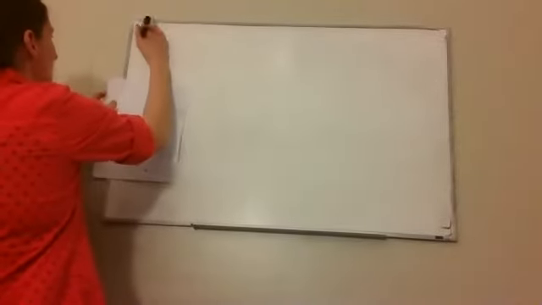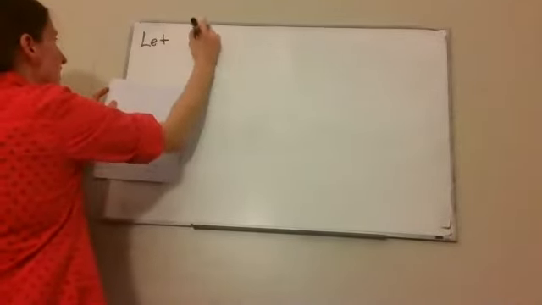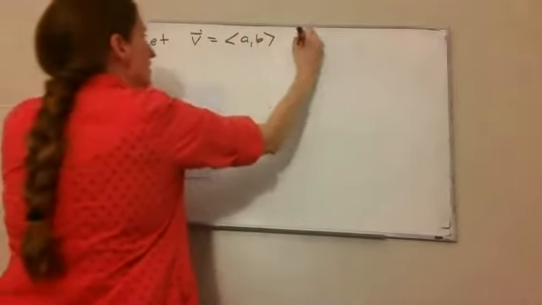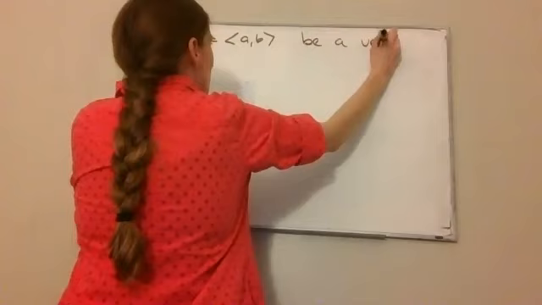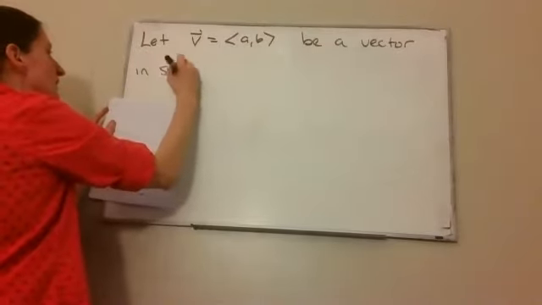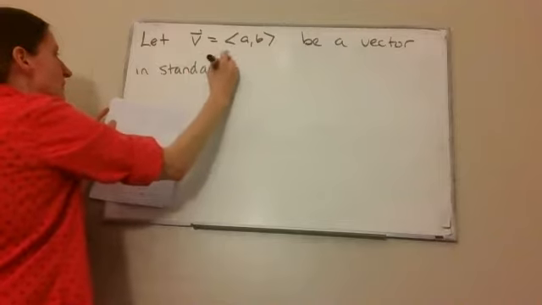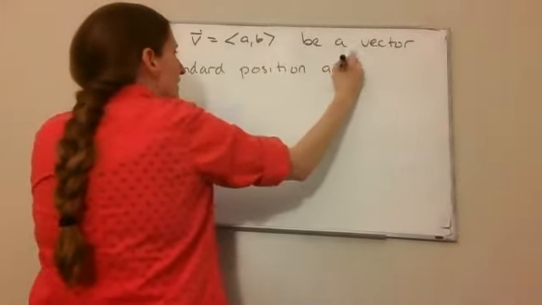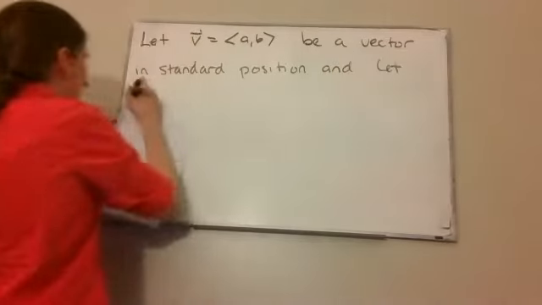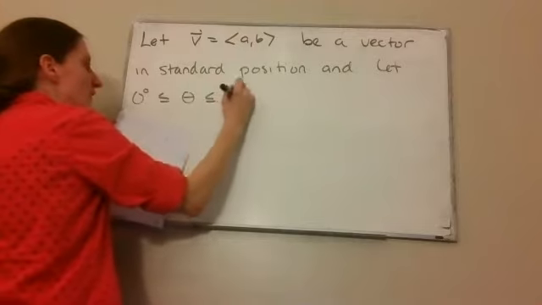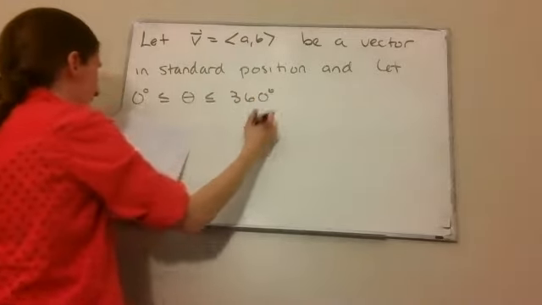So now let's let vector v equal ab be a vector in standard position. And let's let theta be an angle between 0 and 360 degrees.